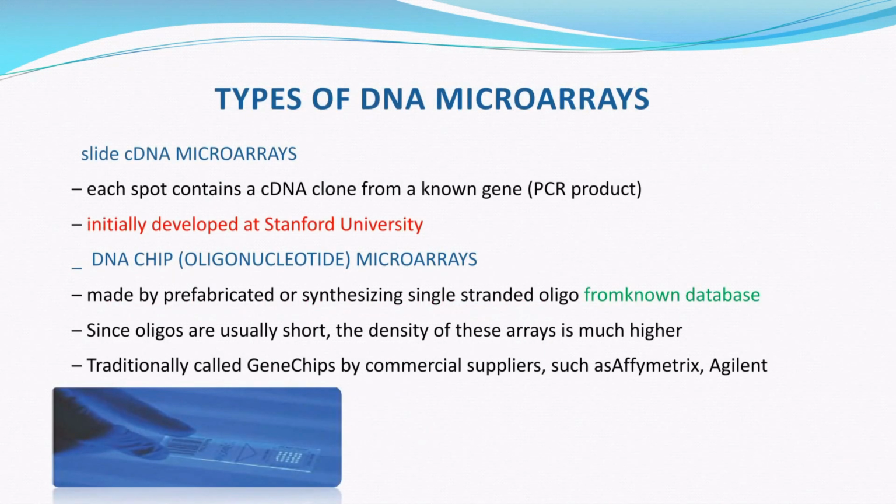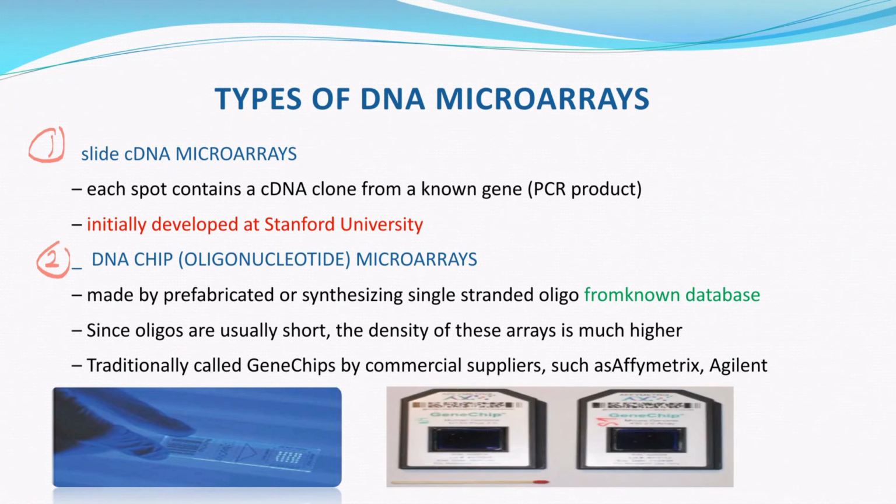Okay, the first is the slide microarray. The second one is the DNA chip microarray. Each slide contains multiple spots, and each spot contains a DNA clone that is generated by a PCR machine.